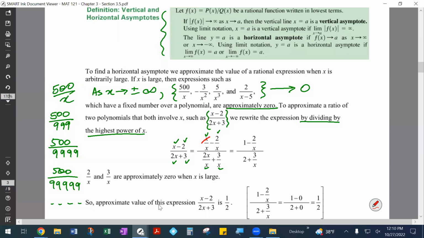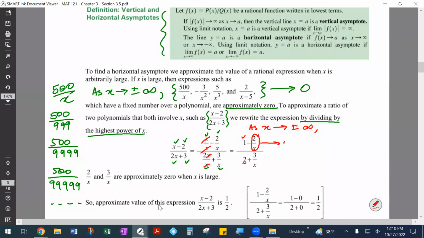And then here you will see x divided by x will basically end up giving us 1. Minus 2 over x will stay as it is. Then on the denominator, 2x divided by x, again, your x values will cancel out, leaving us just with the 2. And then the plus 3 over x will stay the same. Now, here's what's going to happen. As my x gets closer to positive or negative infinity, this expression here, he's the same as these guys on the top, right?